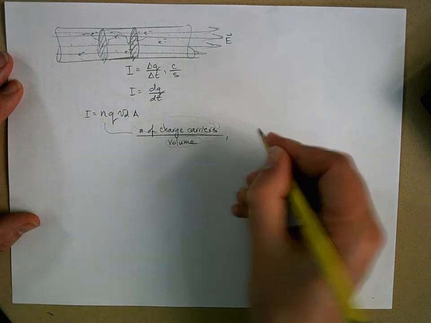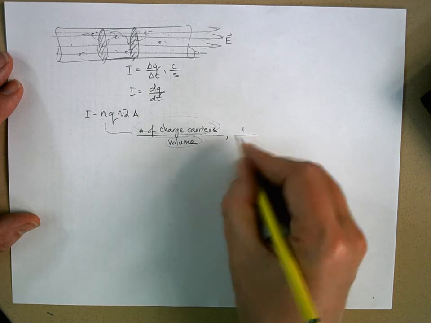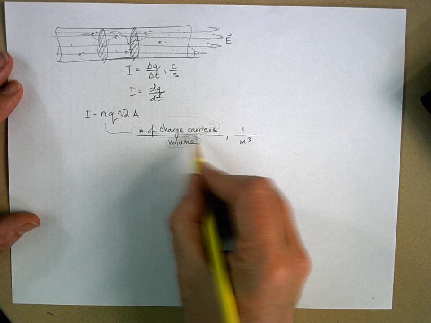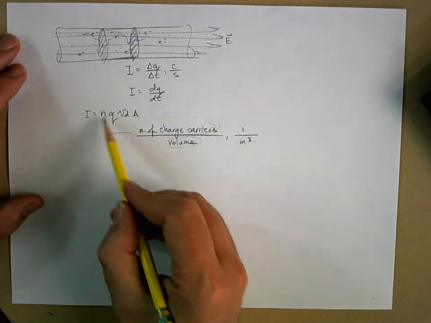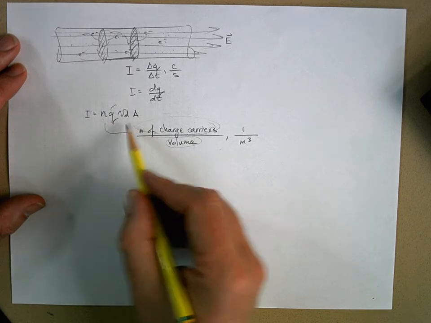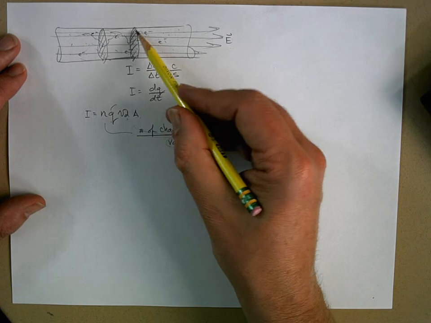And so what units does this have? Well, it's 1 over meters cubed. Why 1? Well, for the number of charge carriers, we're just counting the number of charges. Now, this is the charge on each charge carrier, this is the average speed of those charge carriers, and this is the cross-sectional area.